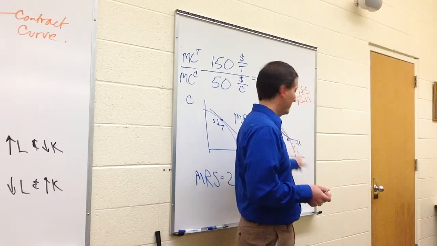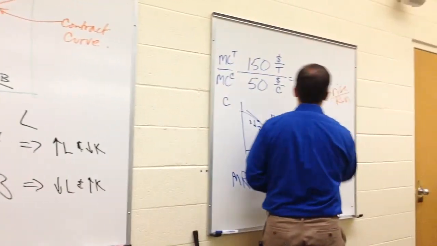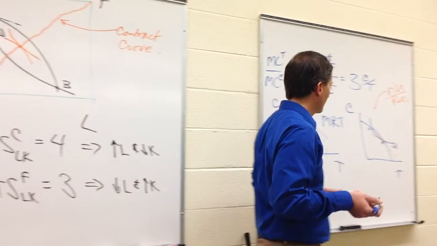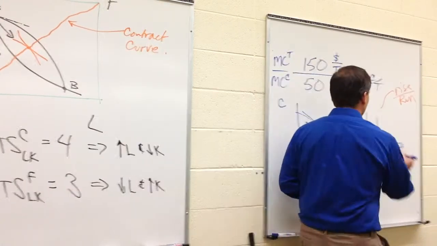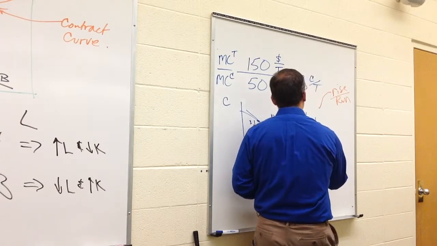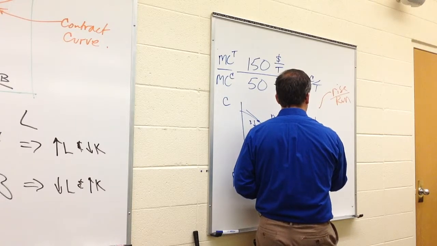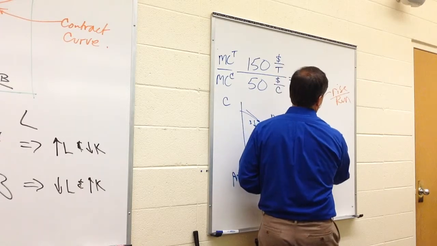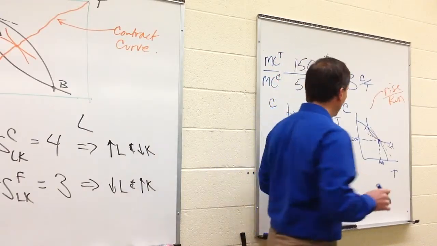Now, what does that mean for the direction we need to head with the economy if we're at point B? More televisions or less televisions? Less televisions, good. So point B is associated with 100 televisions and 206 clocks. And that is not a good combination of those 2 outputs for society.